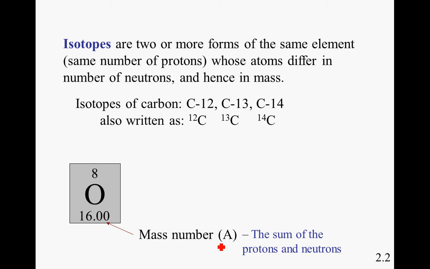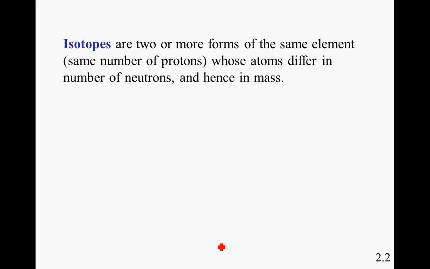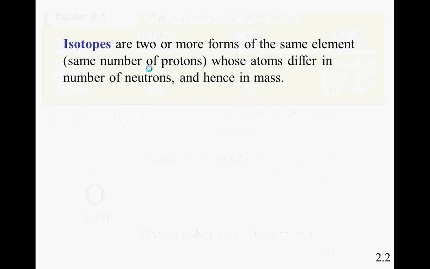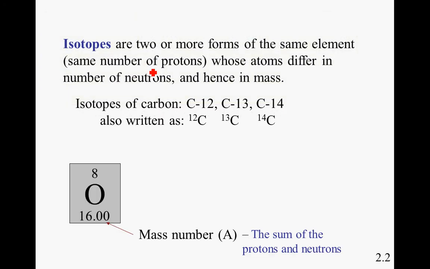The other number on the periodic table is the atomic mass. The atomic mass is the average of all the isotopes in an element. And isotopes are atoms of an element that are exactly identical with one exception: the number of neutrons. Remember, neutrons are the ones without a charge. Therefore, the only thing that changes is the mass.